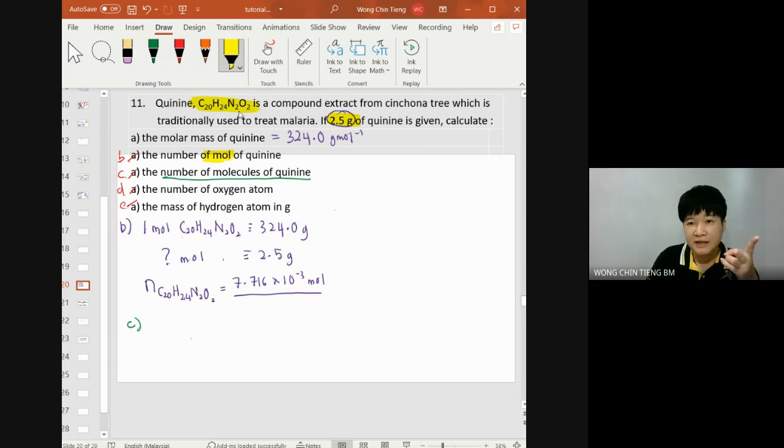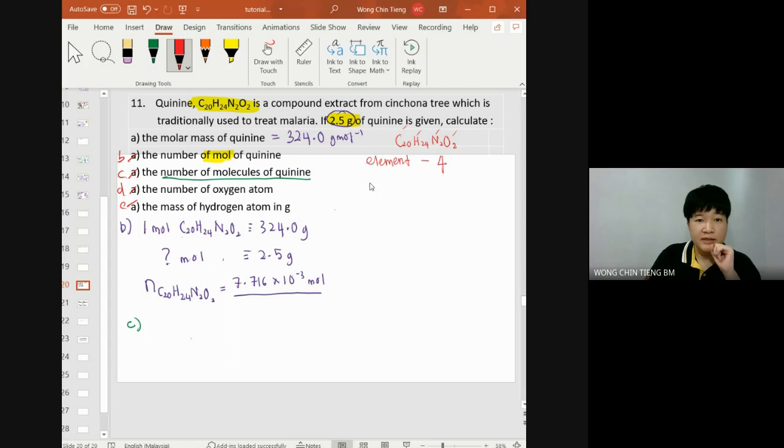Ada berapa jenis elemen dalam tu? How many element we have in that? Four. Thank you. Carbon, hydrogen, nitrogen, oxygen.